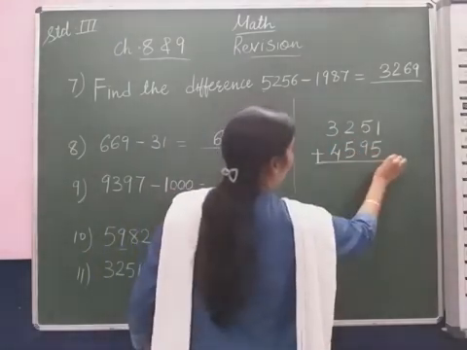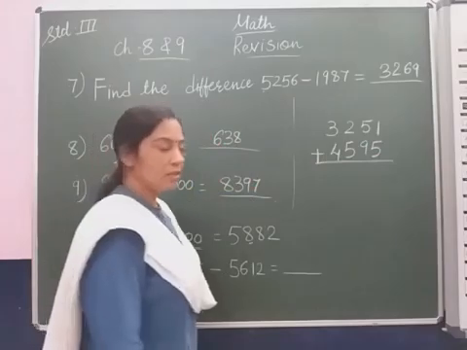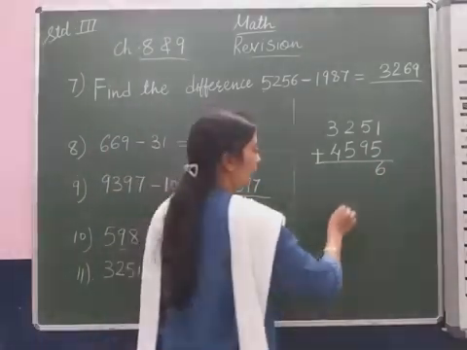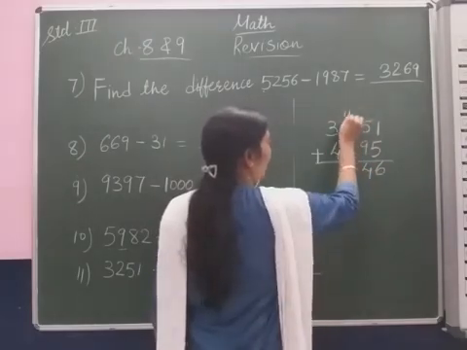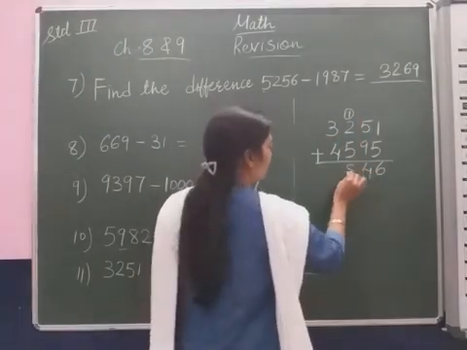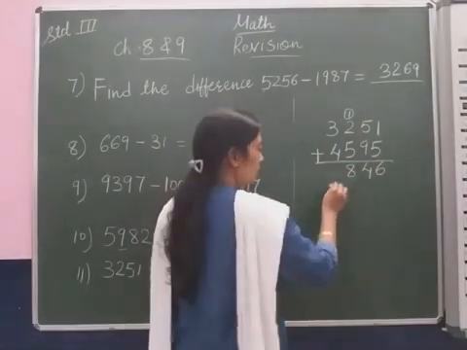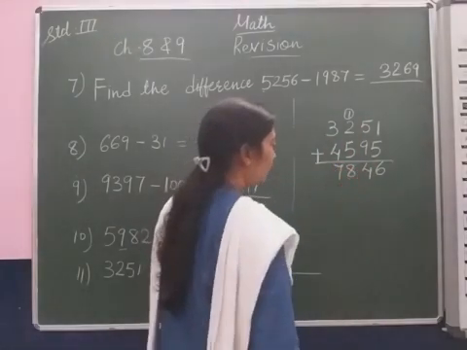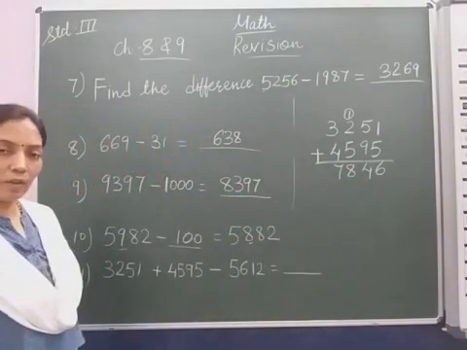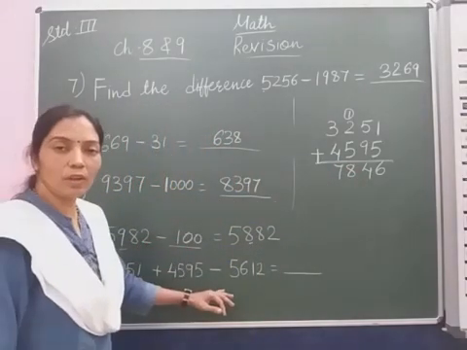Yes. Now we add 1 plus 5, 6. 5 plus 9, 14, 1 is carried forward. 1 plus 2, 3. 3 plus 5, 8. And 3 plus 4, 7. So we get the answer as 7846.